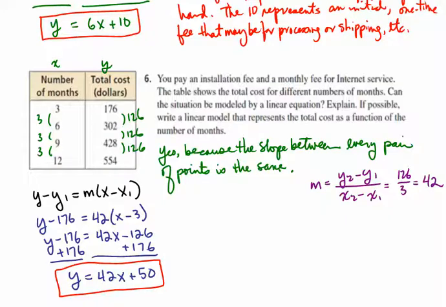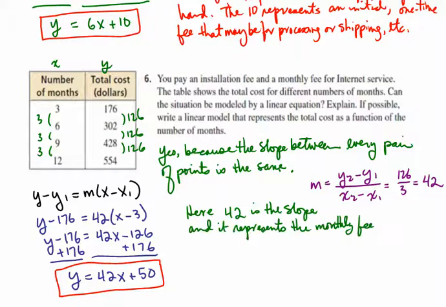So 42 here is the slope, and it represents the monthly fee. So we're going to pay 42 times x, the number of months that we're going to use the internet service.